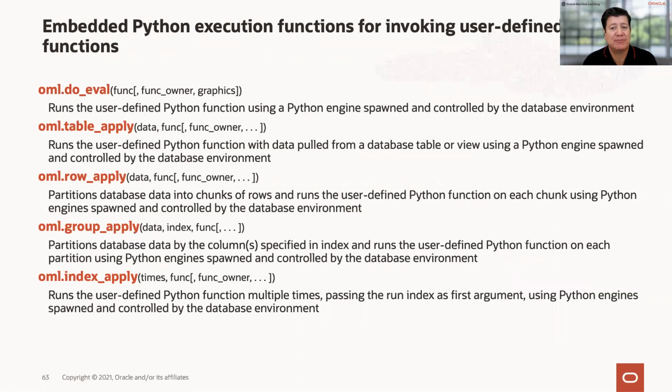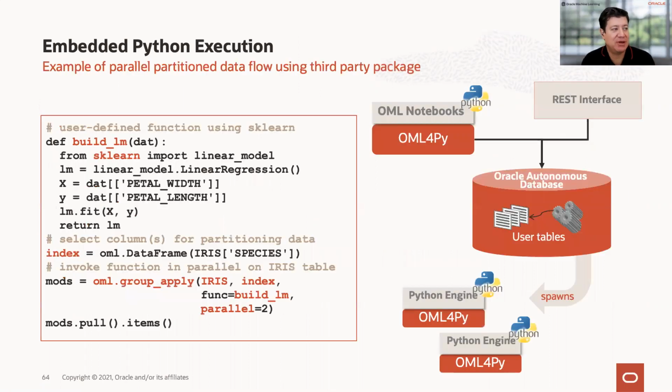There are several functions we can use: eval, table apply, row apply, group apply, and index apply. These connect to the data and use the database and call that function in a different way. Row apply is row by row. Group apply runs this code once per section, once per airport. Table apply runs the entire table at once as an input into my code. So that's the way you can execute these things.